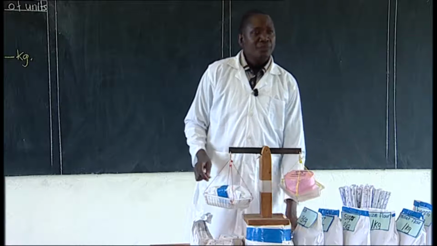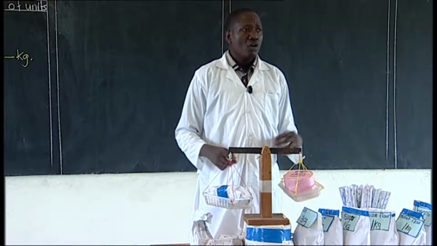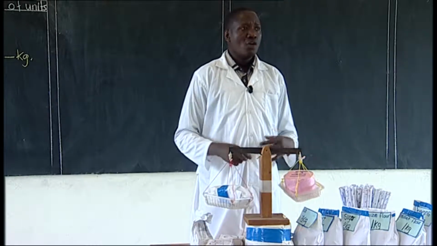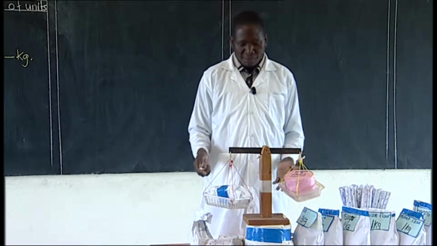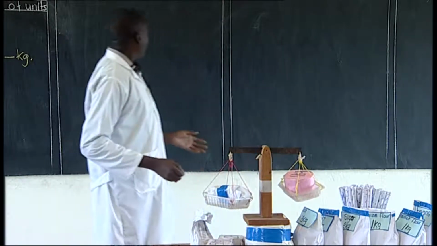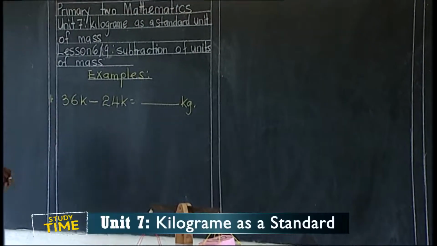Now, today, we are going to look at subtraction of mass or subtraction of weight. For example, let's put our eyes on the blackboard here. Our examples here. Number 1, they are saying these are kilograms.